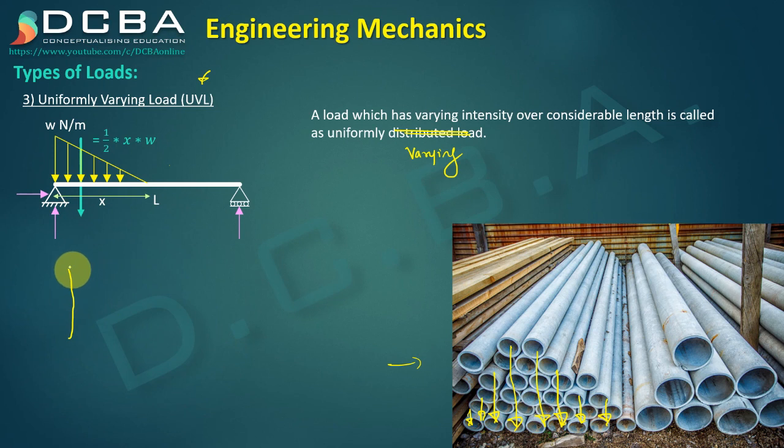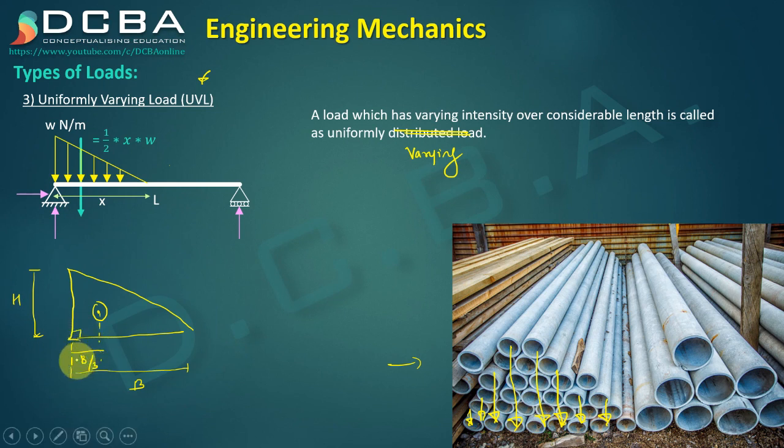Now the centroid, in the previous case also, it was the centroid of the rectangle. The centroid of the triangle, centroid of a right angle triangle, I would say, if we have this as B and this as H, the centroid will act somewhere here at a distance of B by 3 from the right angle end. Okay, always remember it is span by 3, or the length of the triangle divided by 3 from the right angle end.